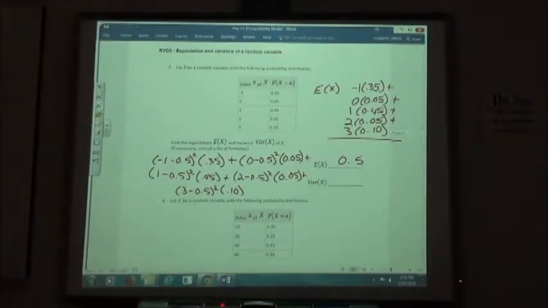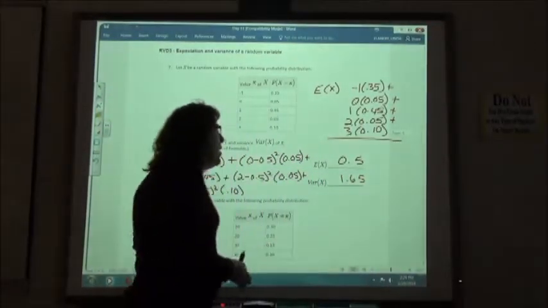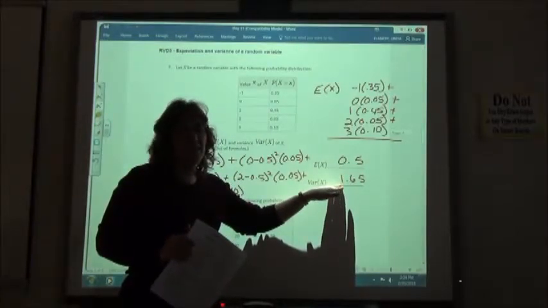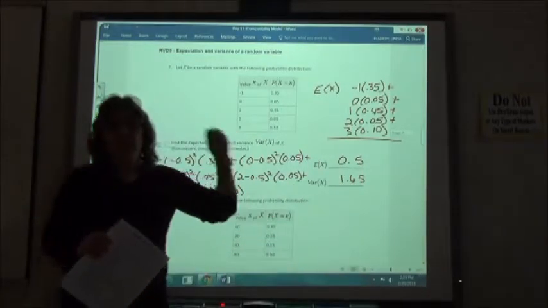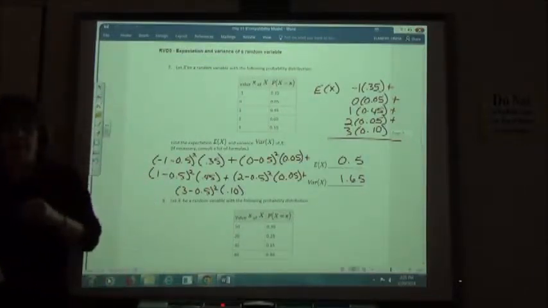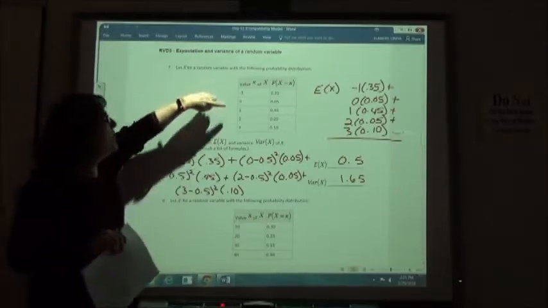So once you get all of that punched in, 1.65. That's what I came up with. What that number really means doesn't make a whole lot of sense until you take the square root of that number. If you take the square root of 1.65, it's about 1.2.